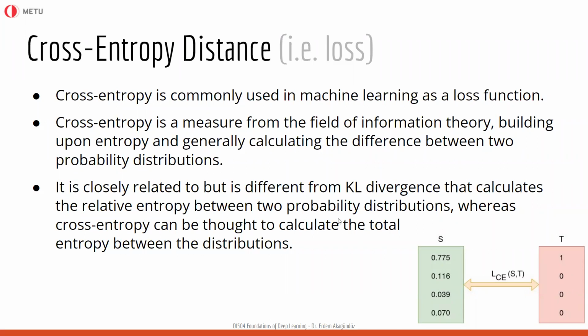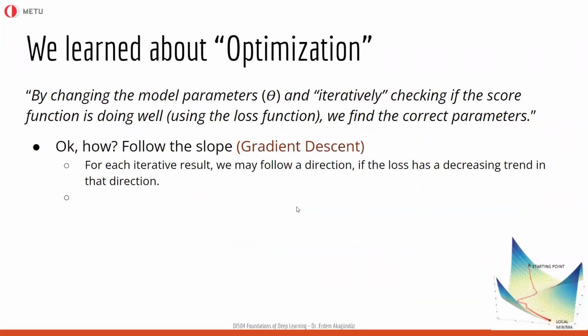Okay, good. So we know the loss function, we know the score function, we know the ground truth. So in supervised learning, what you do is something called optimization, to iteratively change the parameters of the score function so that it will fit the ground truth, and hence the loss function will provide you some low values.